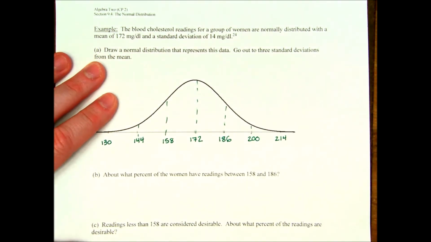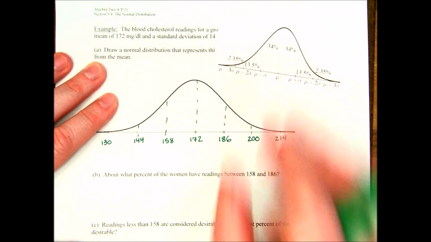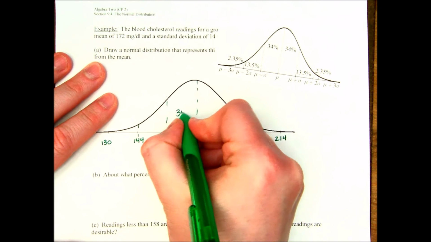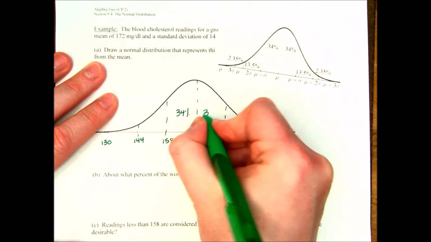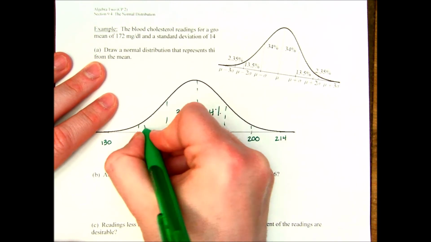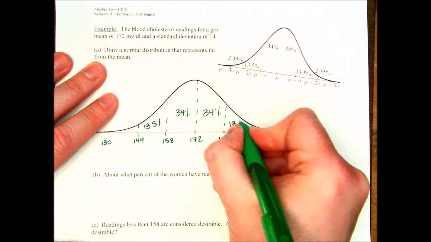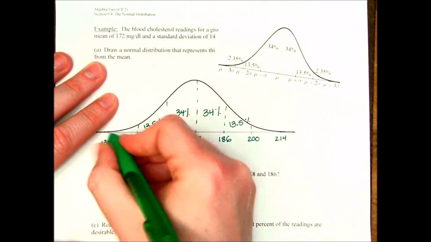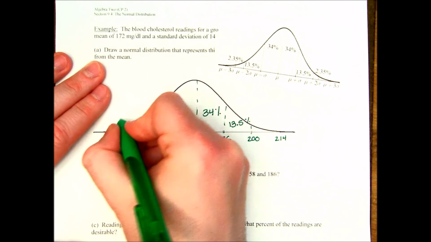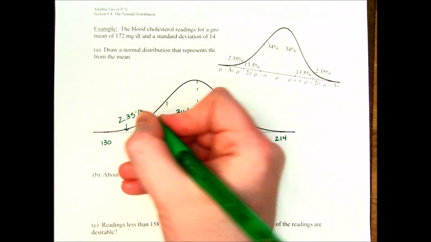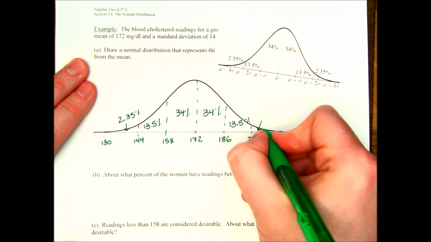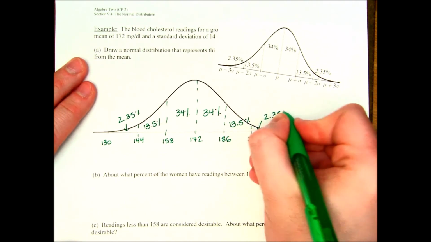So let's see, from my small little normal distribution over here, I know that's 34, and that's 34, 13.5, and 13.5%, and 2.35%, and another 2.35%.